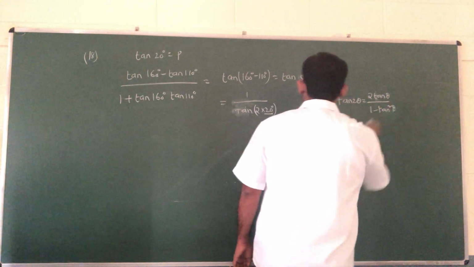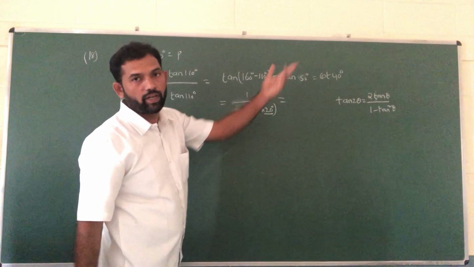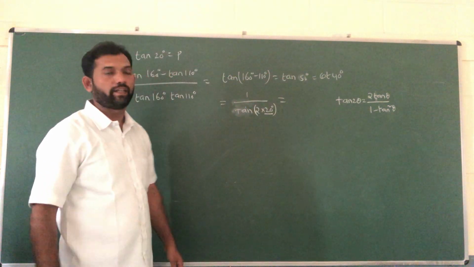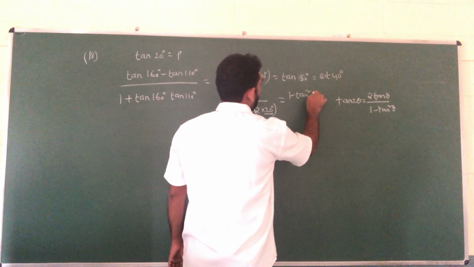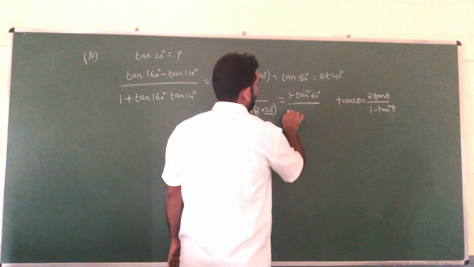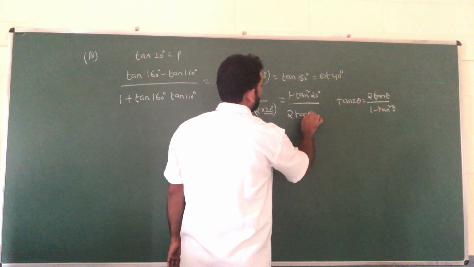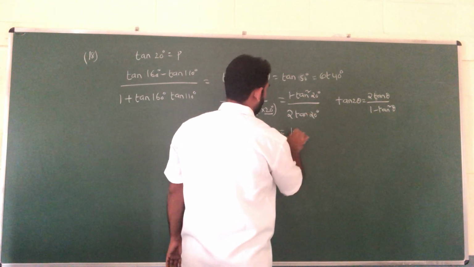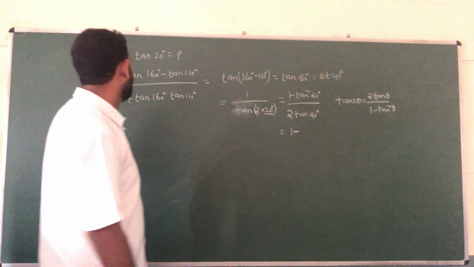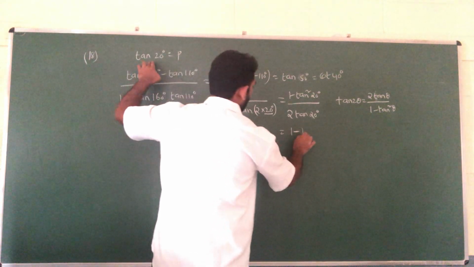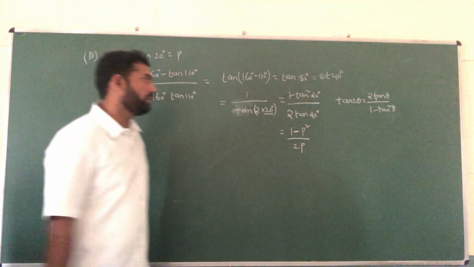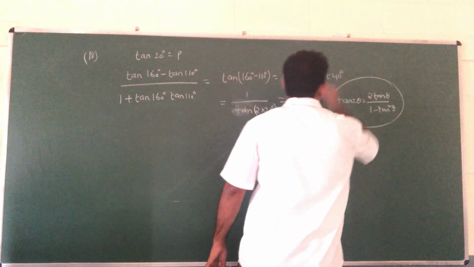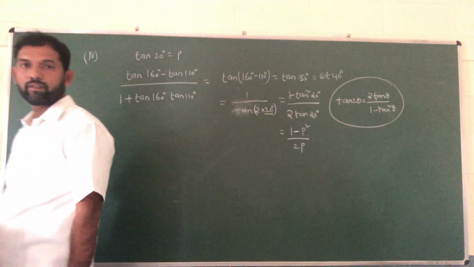So 1 by that, you write the reverse, where theta is equal to 20 degrees. So 1 minus tan square 20 degrees divided by 2 tan 20 degrees. That means 1 minus P square divided by 2P, using that formula. Note down fast.